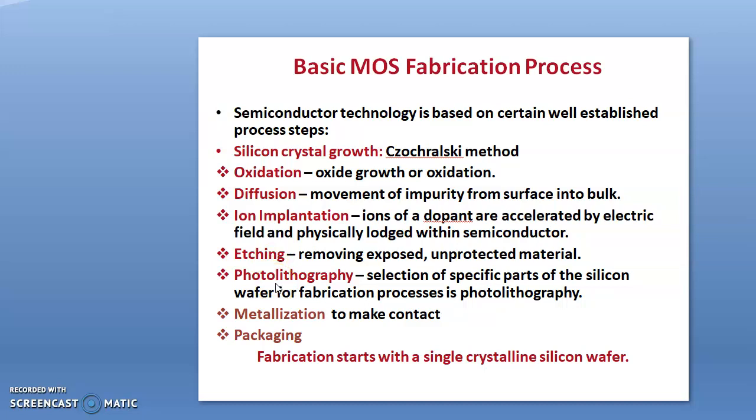Photolithography. This is one of the very important steps, which is used for transferring the patterns by using light. So photo means light, litho means stone, graphy is writing. So it is mainly used for transfer of the patterns.